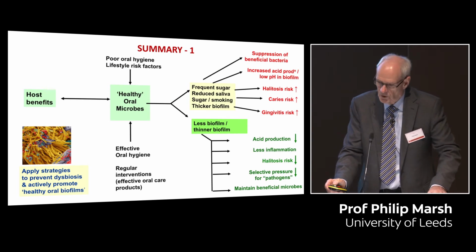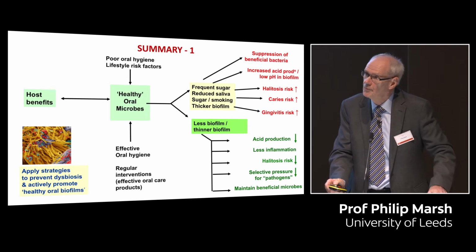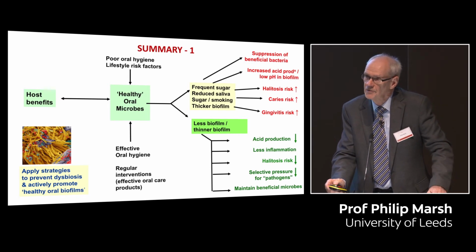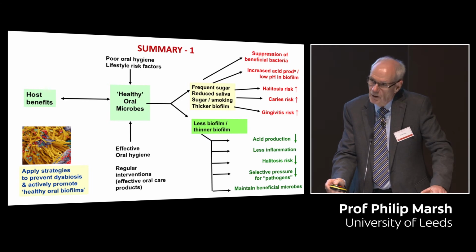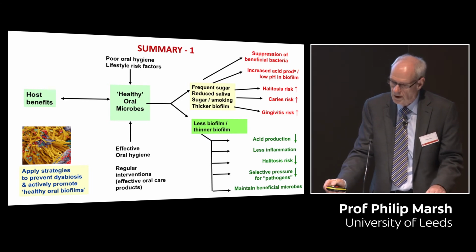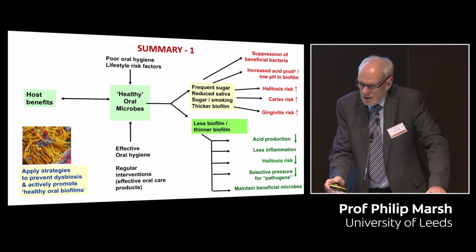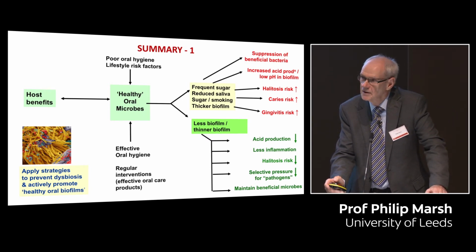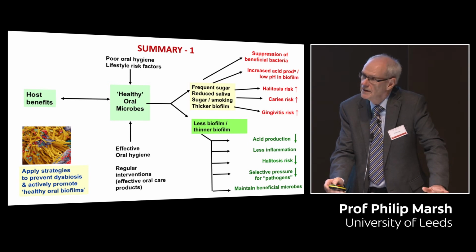So to start to summarize, what we all have is a healthy oral microbiome which delivers essential health benefits to us. We could not survive without these beneficial organisms. However, if we have poor oral hygiene or lifestyle risk factors, and these could include frequent sugar intake, reduced flow of saliva, and smoking, we can end up with thicker biofilms on our surfaces.